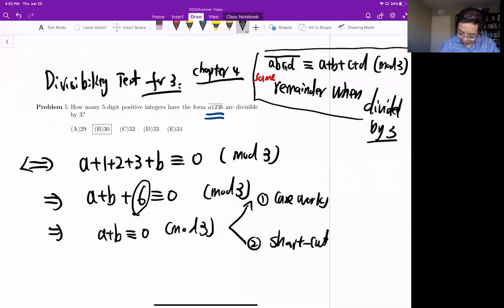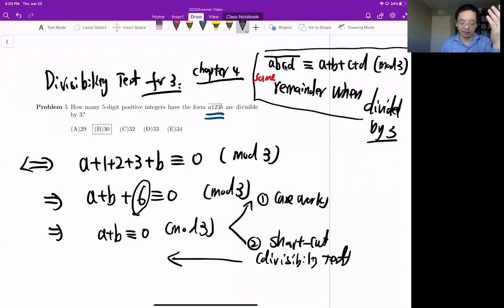The shortcut, again, uses the divisibility test. By the divisibility test, the addition of the two numbers is divisible by 3 if and only if you put these two numbers together and it is divisible by 3. So this is the same as saying the 2-digit number AB is divisible by 3.